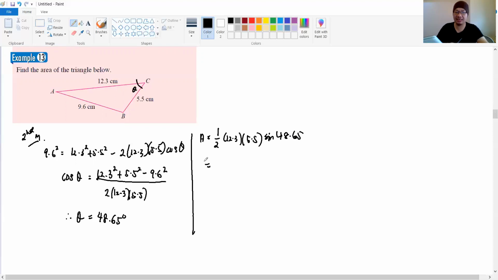So 0.5 times 12.3 times 5.5 times sine 48.65. Your answer will be 25 point something. Hopefully you guys can see here, 25 point something. That is the answer of the second method.